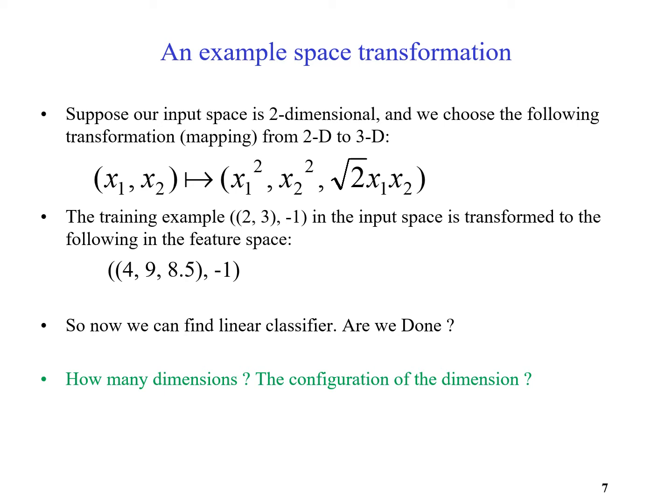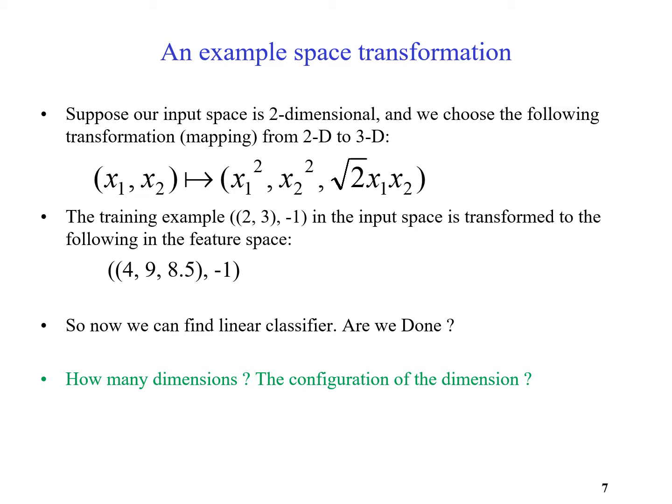So what is the configuration? We have almost an infinite number of configurations in the dimension, right? And again, in some configurations we have a linear classifier, but in some other configurations we do not. So this is another problem.